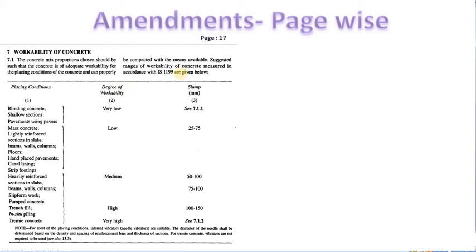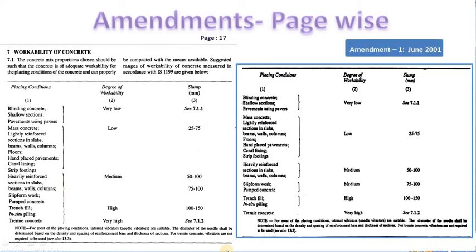So this bracket will sometimes make us confused as to which it is pertaining to. So this was broken in amendment 1 in 2001. So what they made is they have split the bracket and it gave us very good visibility of which placing condition suits for which one.